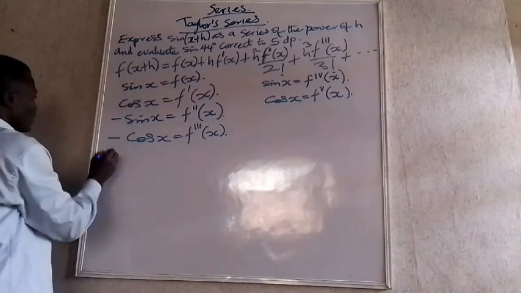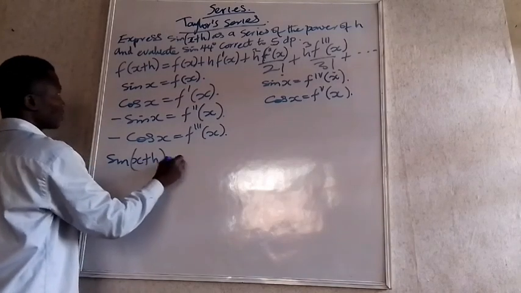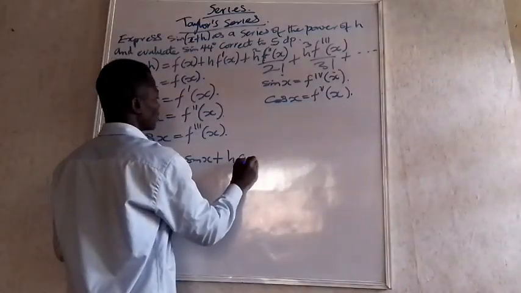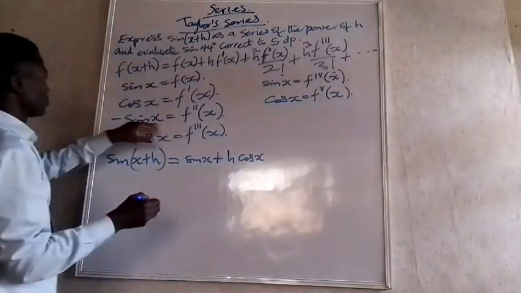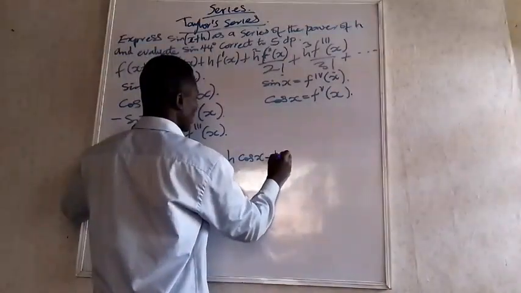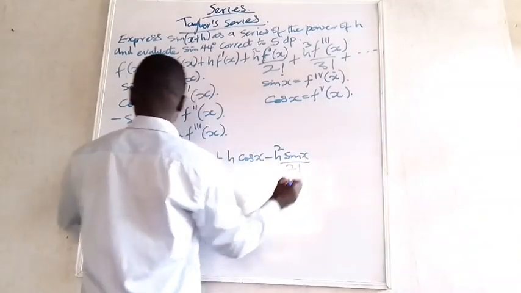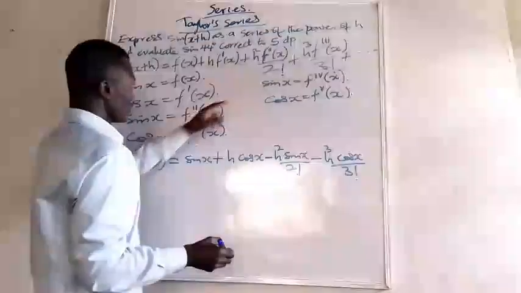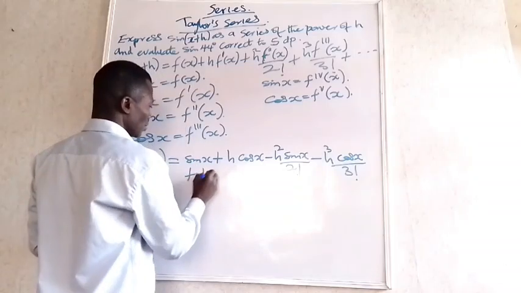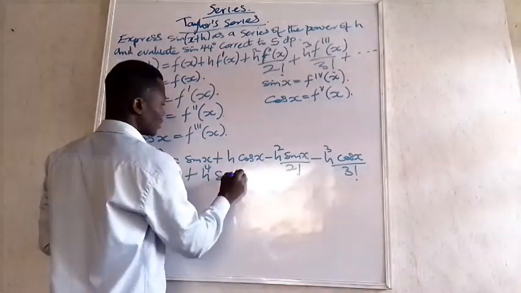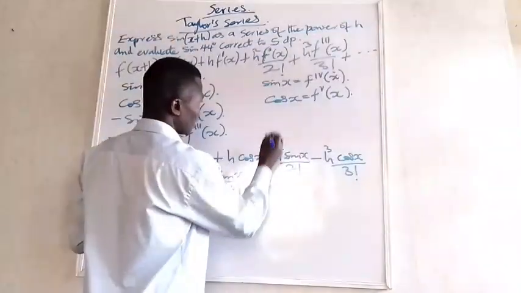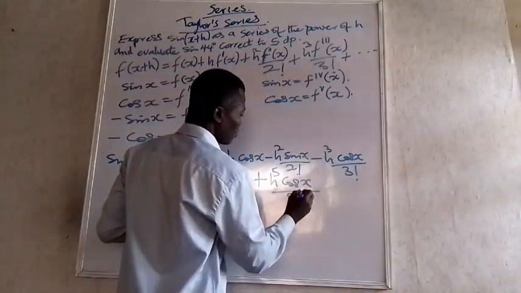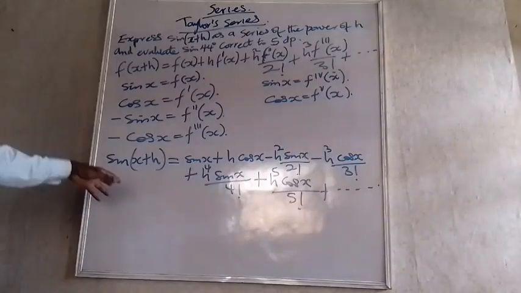So, from here we can now say that sin(x+h) is going to be sin x plus h cos x minus h squared sin x over 2 factorial minus h cubed cos x over 3 factorial plus h raised to the power 4 sin x over 4 factorial plus h raised to the power 5 cos x over 5 factorial plus. So that's the expression for sin(x+h).